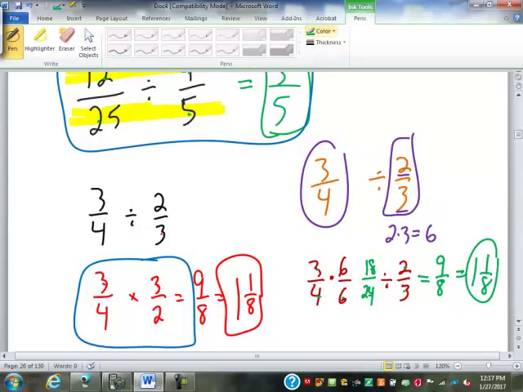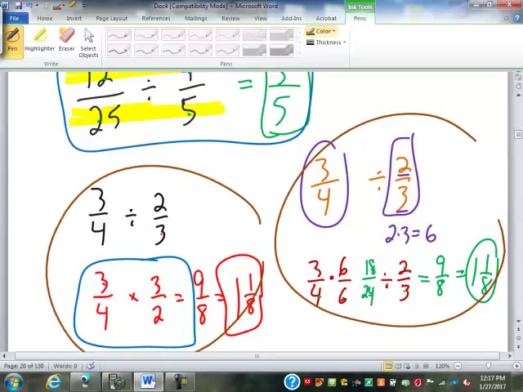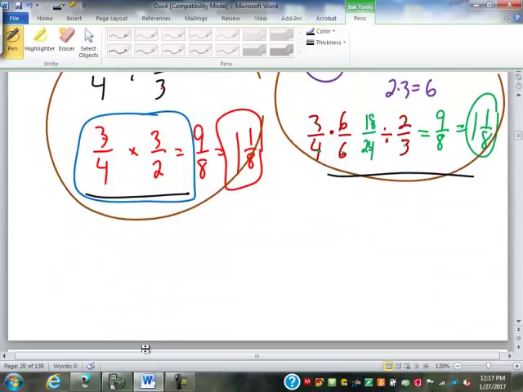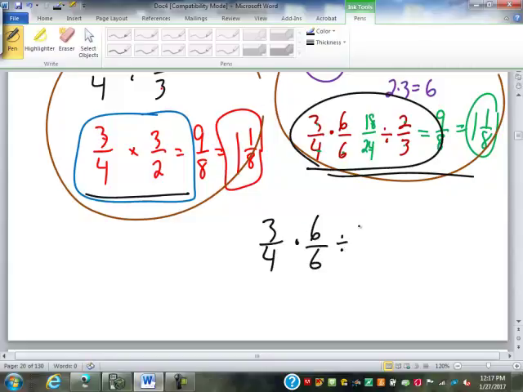So you might still be thinking, this still doesn't look anything like that. Well, it's not as big of a leap from here to multiplying by the reciprocal as you would think. At some point, someone was looking at this problem saying, we have 3/4, we're multiplying it by 6/6, and we're dividing by the 2/3.